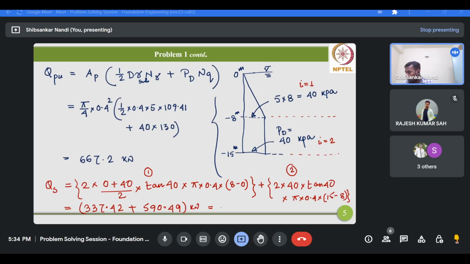So this will ultimately be 337.42 plus 590.49, so 927.91 kilonewton.